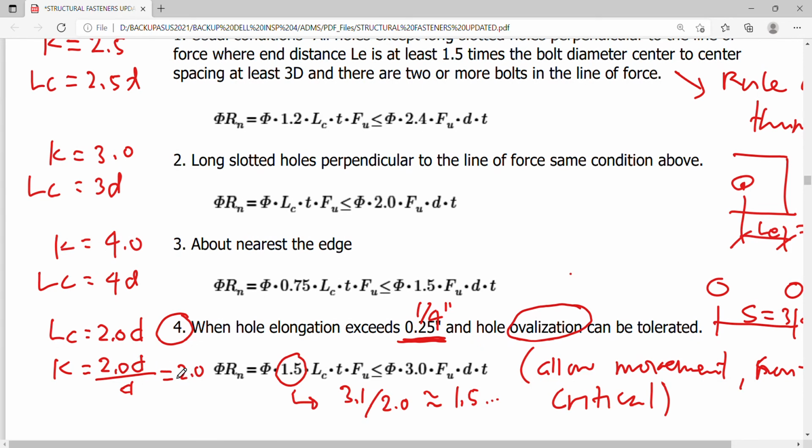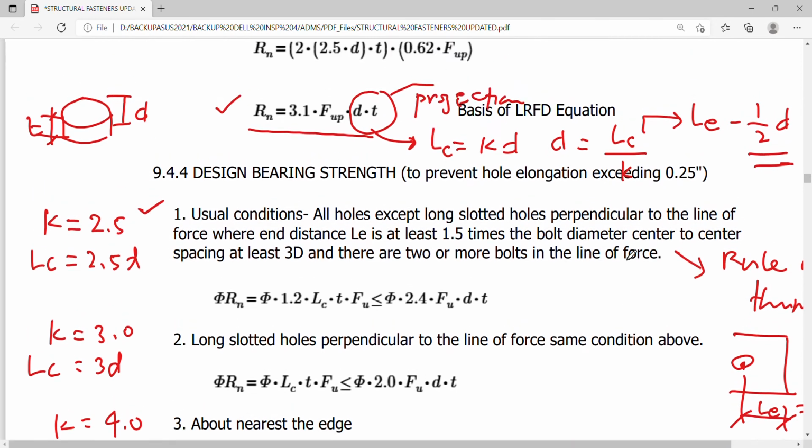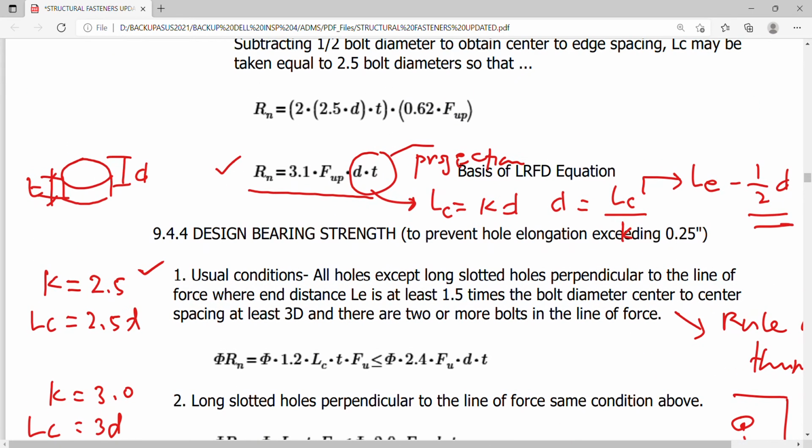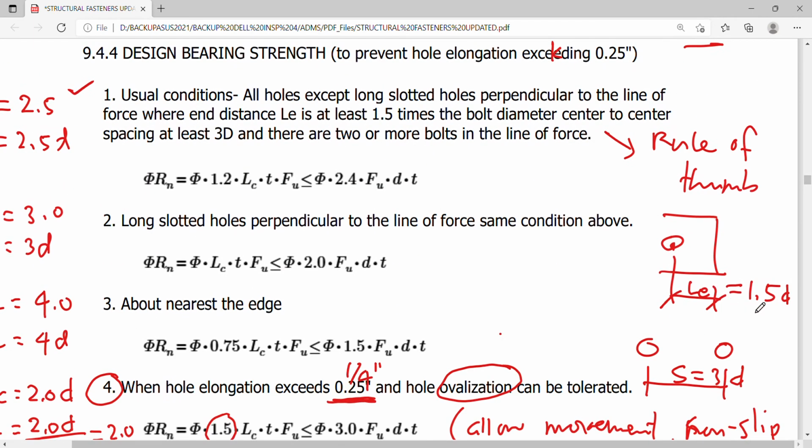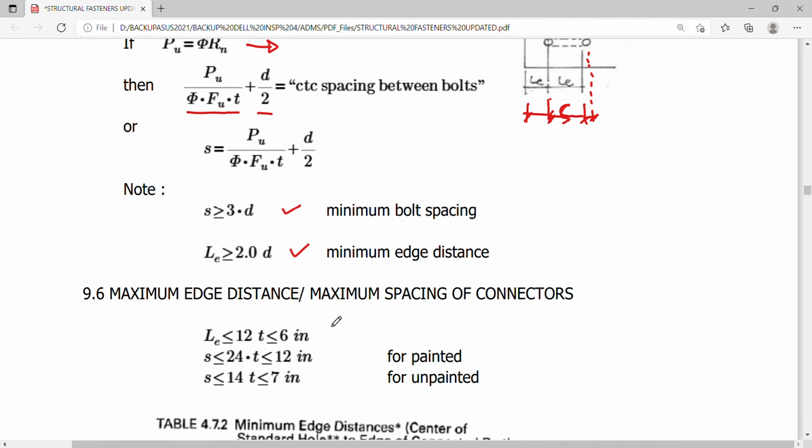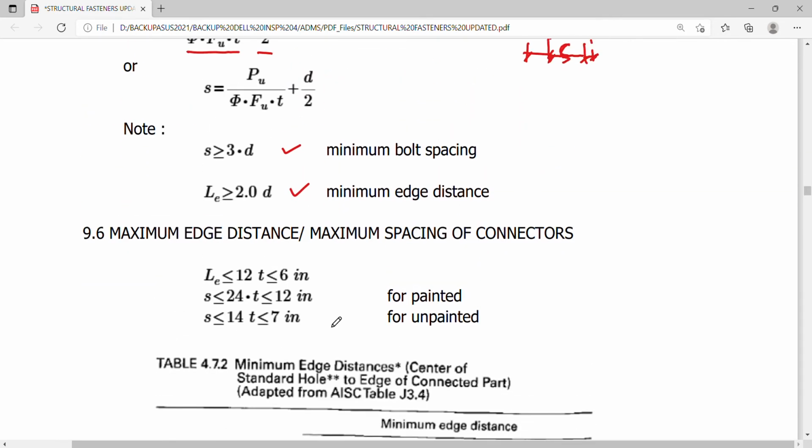This is now my minimum value for K used in my LRFD equation. So the rule of thumb was slightly increased from 1.5 to 2.0. Okay, so that is for your Le requirement.